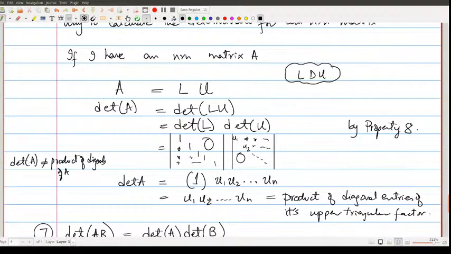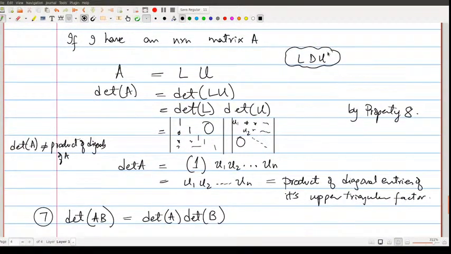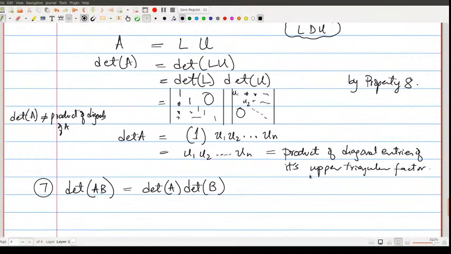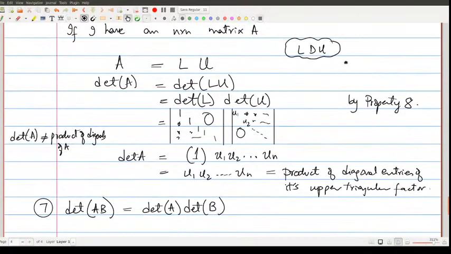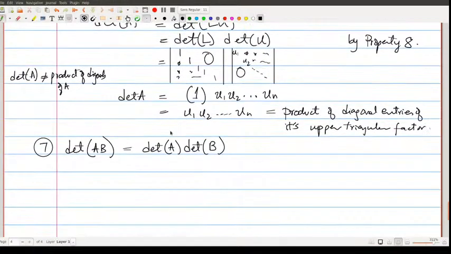All right. If you factorize A into LDU, then that becomes even more simple. You can see that the determinant of A is just equals to the determinant of D, and notice that the diagonal entries of D are just these same entries, so it's still just the same thing.